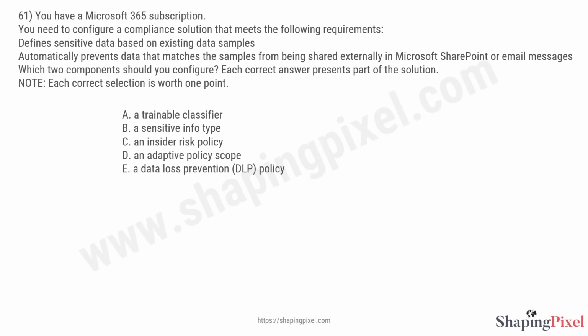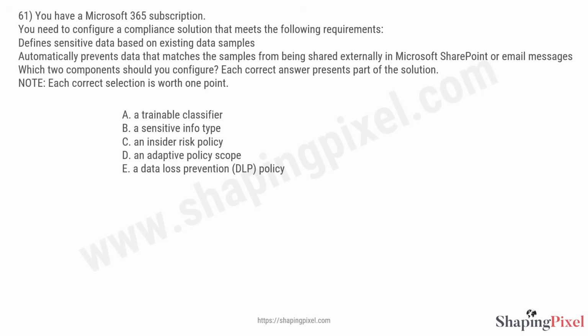Question number 61. You have a Microsoft 365 subscription. You need to configure a compliance solution that meets the following requirements. Define sensitive data based on existing data samples. Automatically prevent data that matches the samples from being shared externally in Microsoft SharePoint or email messages. Which two components should you configure?